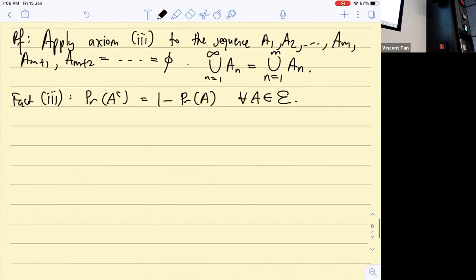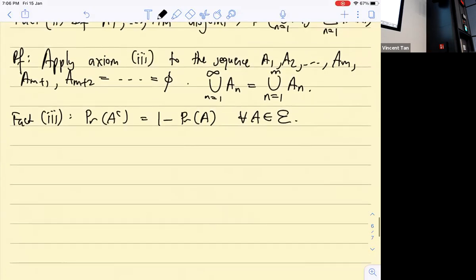To do this properly, we note the following. The proof goes as follows. Omega is equal to A union A complement.